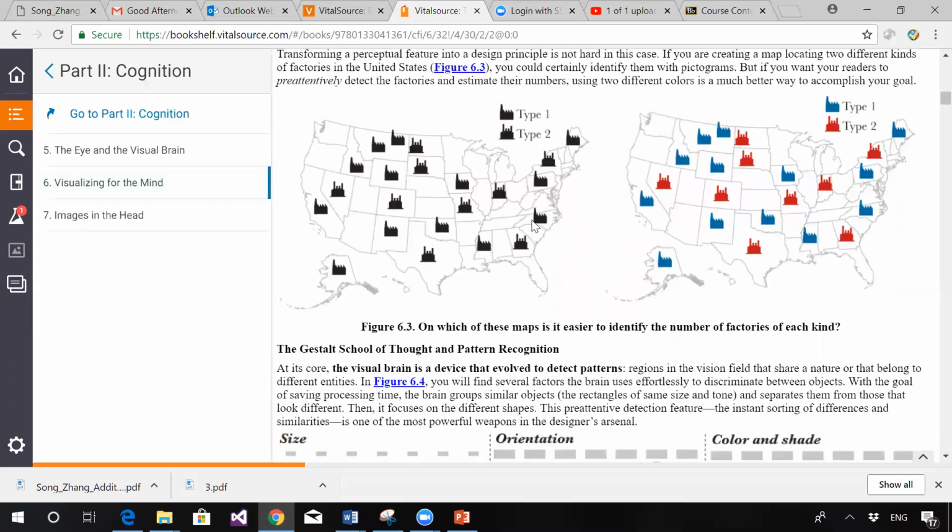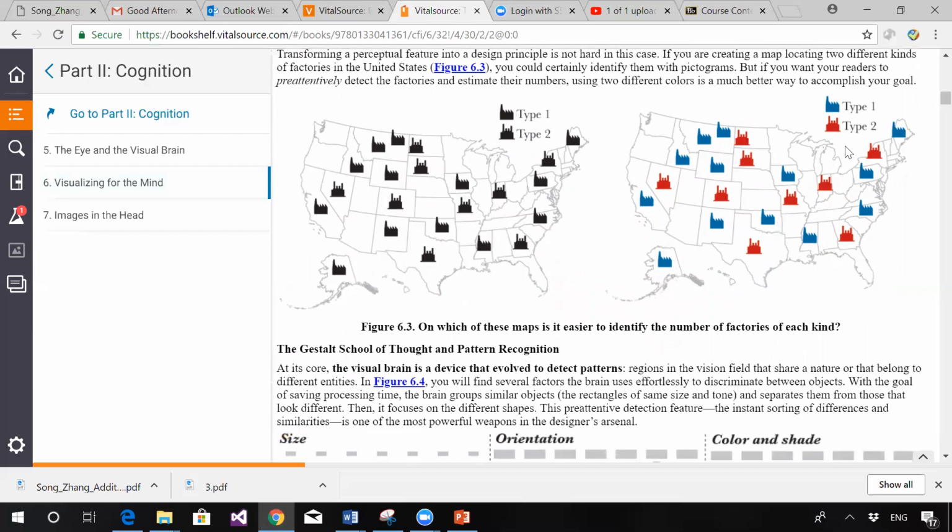For this example, it's almost the same, making it easier for us to identify type 1 and type 2 in different states. If they are drawn in the same color with different shapes, it is very complicated for us to detect the difference.